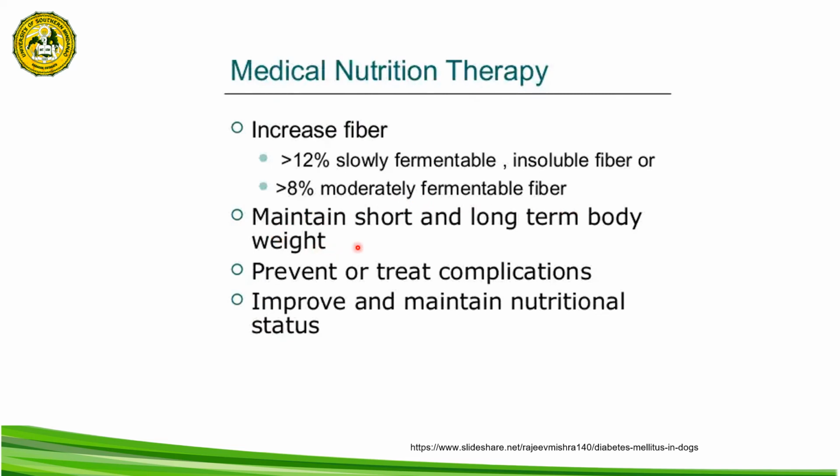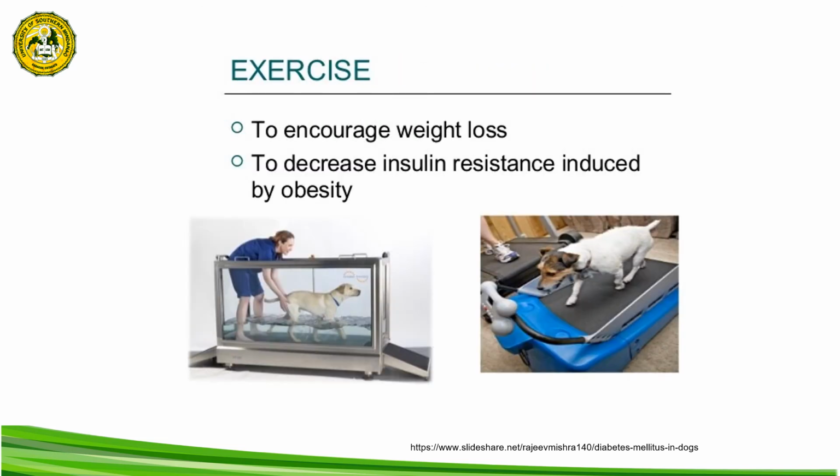It is also important to maintain short and long-term body weight, prevent or treat complications, and improve and maintain the nutritional status of the animal. Exercise is also important to encourage weight loss and to decrease the insulin resistance induced by obesity.